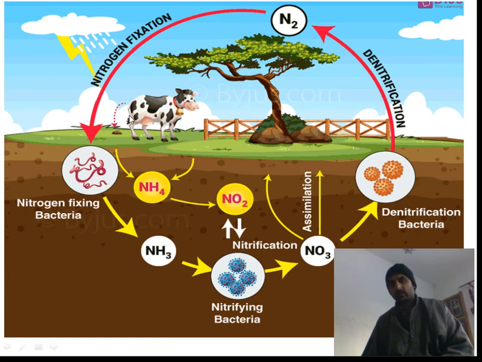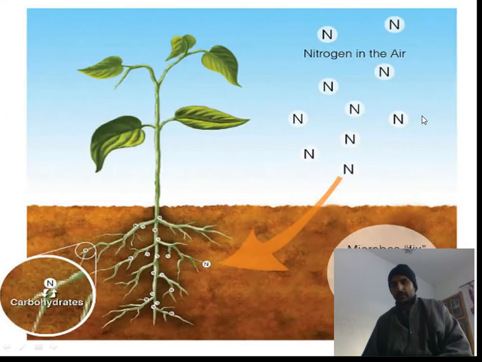The ammonia in the waste products of animals can also change into nitrates, and these nitrates are readily assimilated and available to the plants. By the action of denitrifying bacteria, these nitrates can re-enter the atmosphere, and as a result of this, the nitrogen cycle is completed.